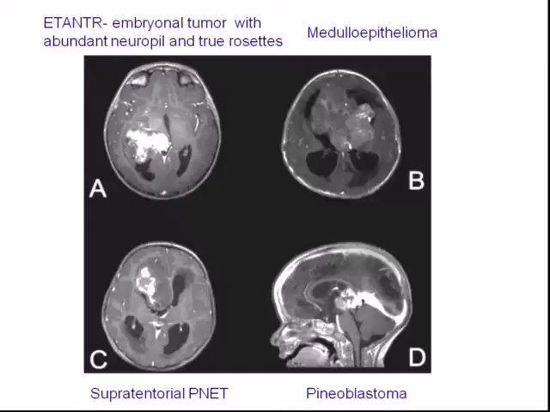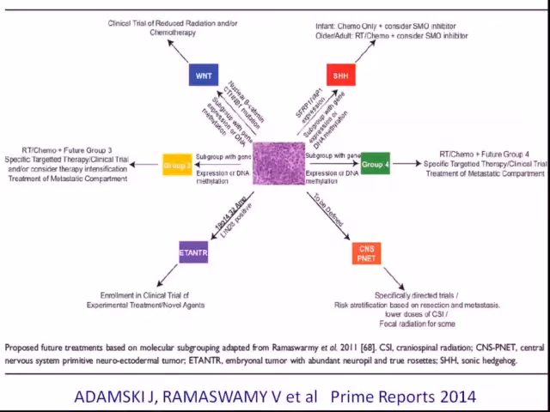But why is this important? This was also something I saw just last week when a neuro-oncologist gave a talk, and I was dying to get this, and luckily they had published it. What this shows you is that a lot of these genetic and molecular alterations that are found histologically or through genomic studies are dictating how therapy is going to happen. The top one, I'm not talking about the posterior fossa tumors, but medulloblastoma now has 4 classifications that can actually dictate how they're going to be treated.